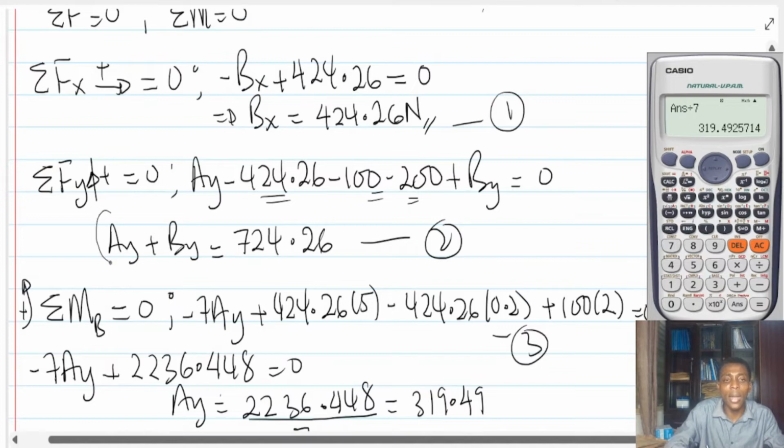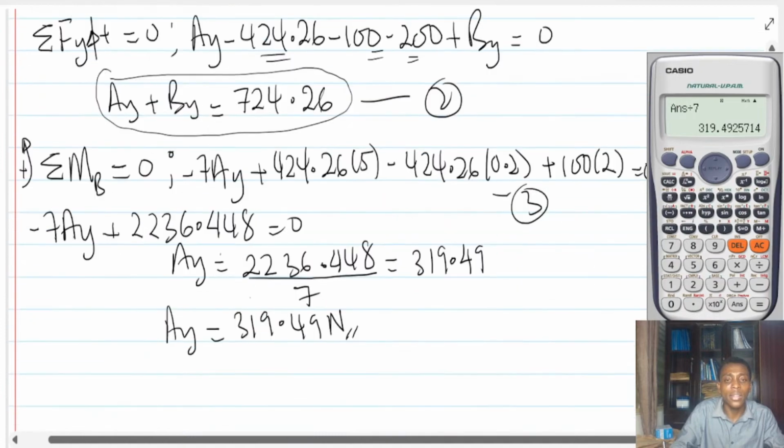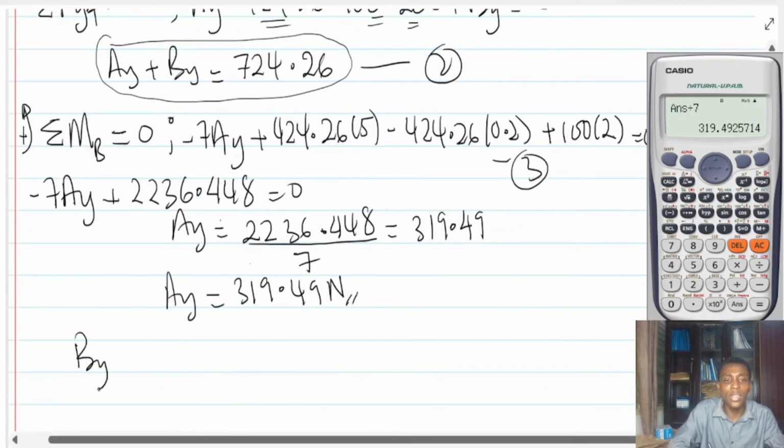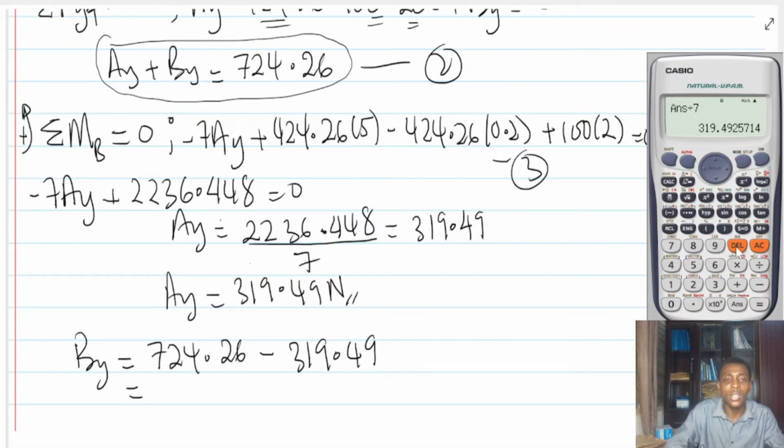Since I know AY, this was supposed to be equation 3. I'll bring AY back into this equation so that I should be able to solve for BY. Therefore, my BY will be 724.26 minus AY, which is 319.49.